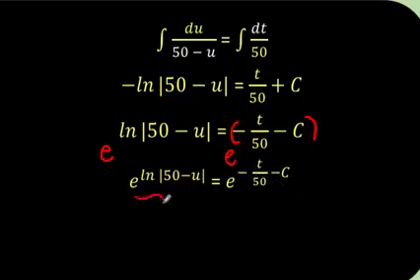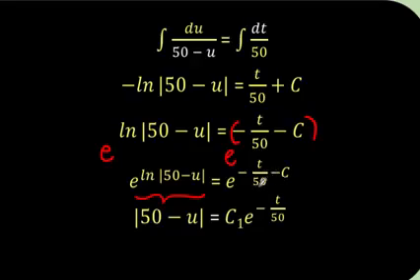Then the left side contains inverse functions. e and ln cancel each other out, so what's left at the left side is the absolute value of 50 minus u. And then, using property of exponent, we can now rewrite the right side as e raised to negative t over 50 times e raised to negative c.